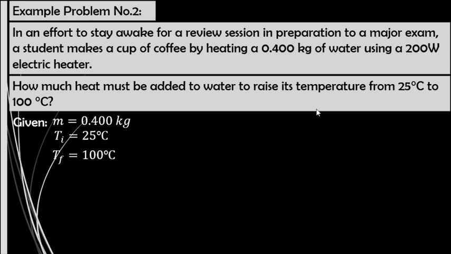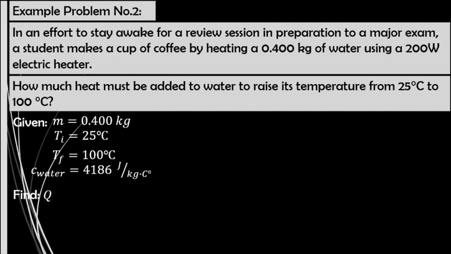And since our substance is water, we will be using specific heat capacity of water, which is 4,186 joule per kilogram times Celsius degree. We are asked to look for the amount of heat or find Q.